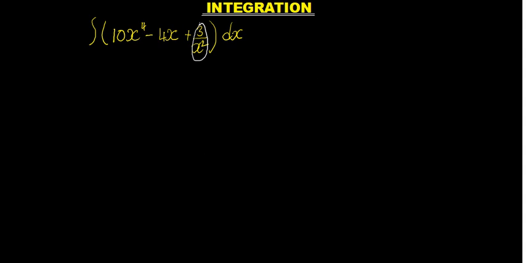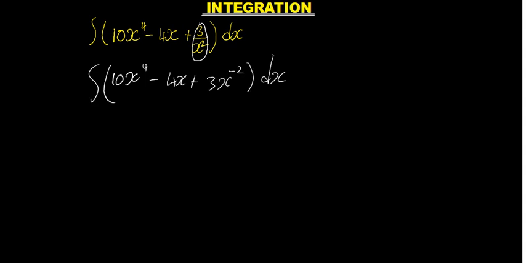So what I'm going to have is 10x to the power 4 minus 4x plus 3x to the power negative 2. Now we integrate that. This is going to be 10x to the power 4 plus 1, and we do the same on the denominator, 4 plus 1.